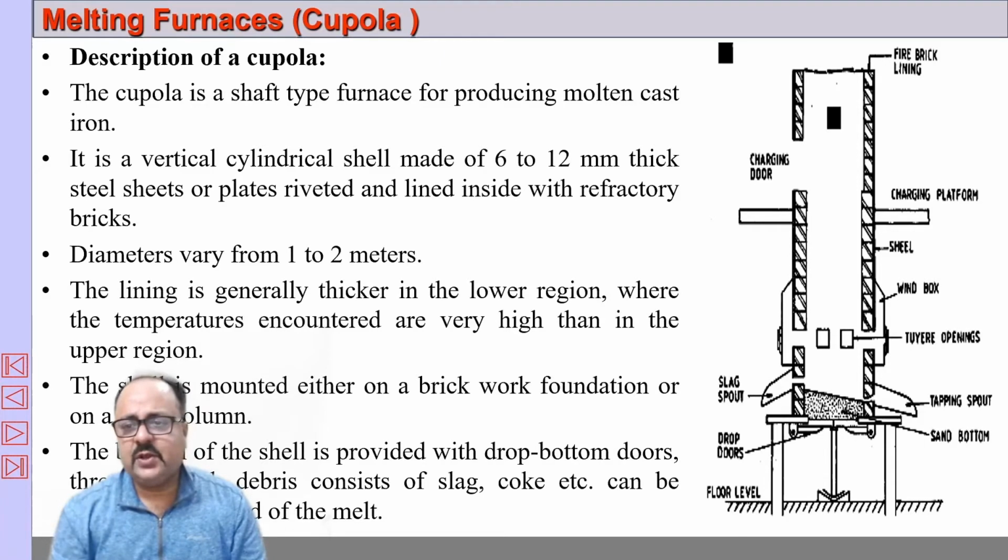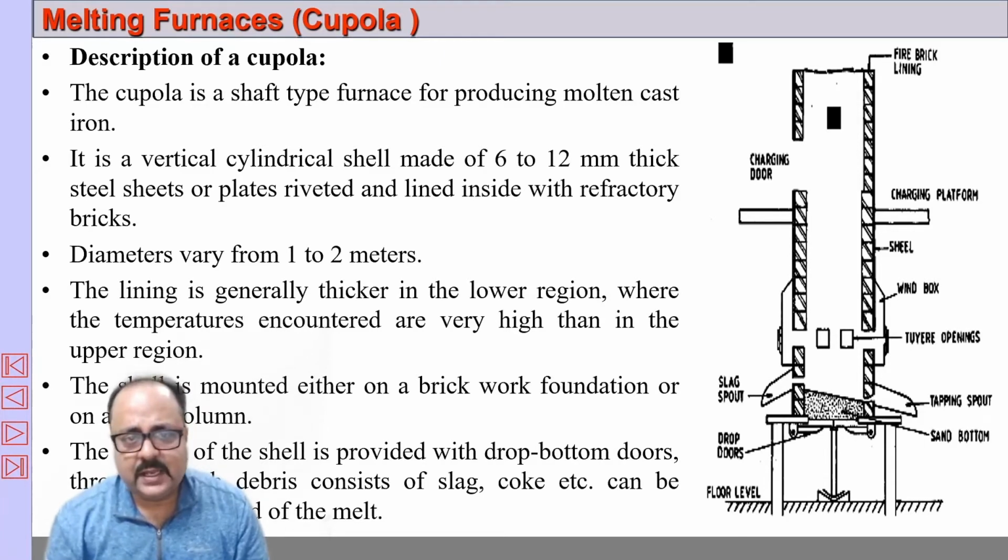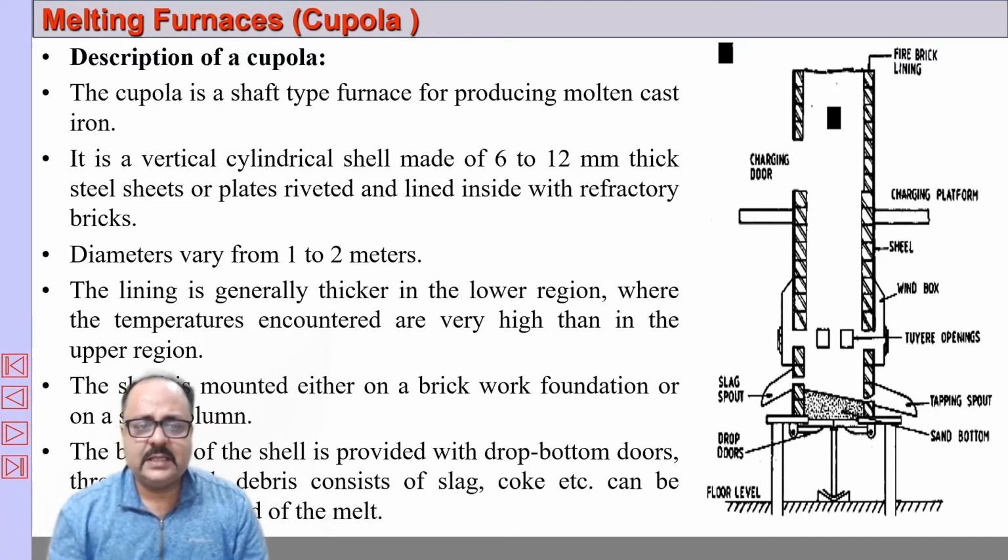and the diameter of the cupola can vary from 1 to 2 meters, and the height is variable depending on the amount of cast iron you will be melting. It can range from around 20 feet or it can be more.